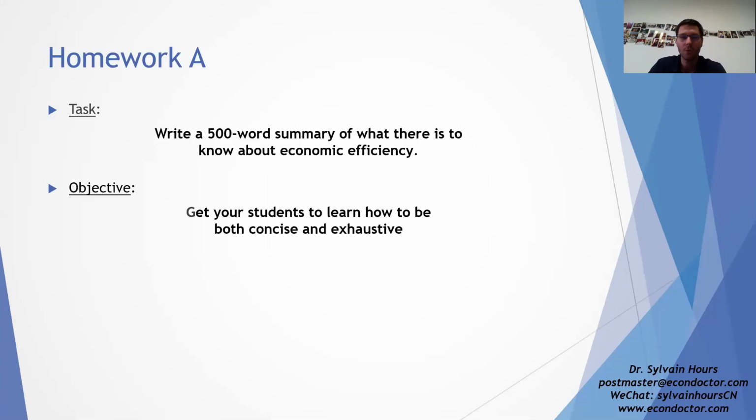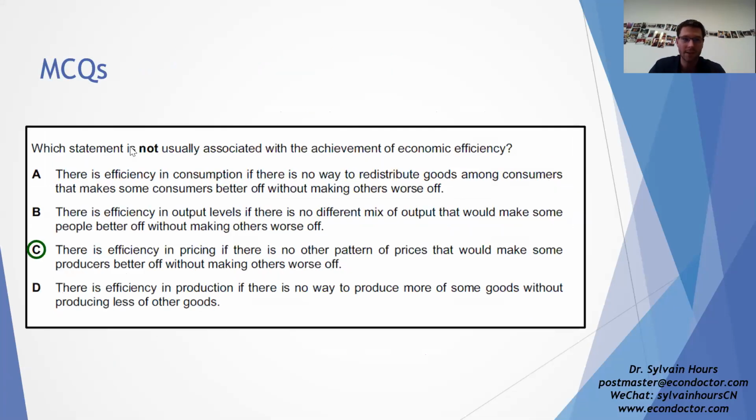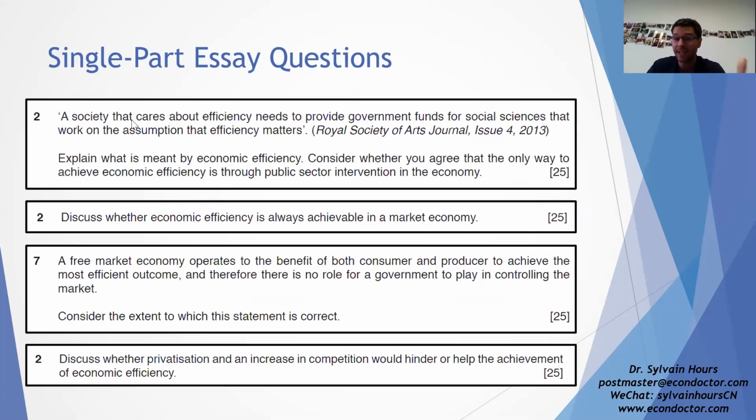I think this homework is particularly interesting to prepare your students to answer this single part essay question. Because as I said, usually when you answer these 25-mark essay questions about efficiency, the first part of your essay is pretty much a summary of what is economic efficiency.